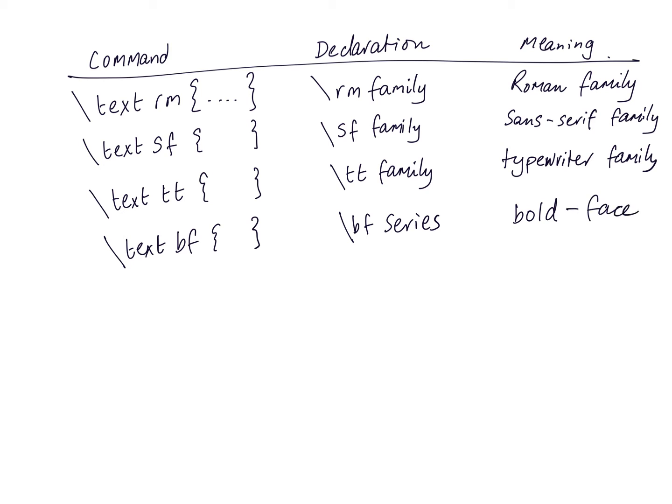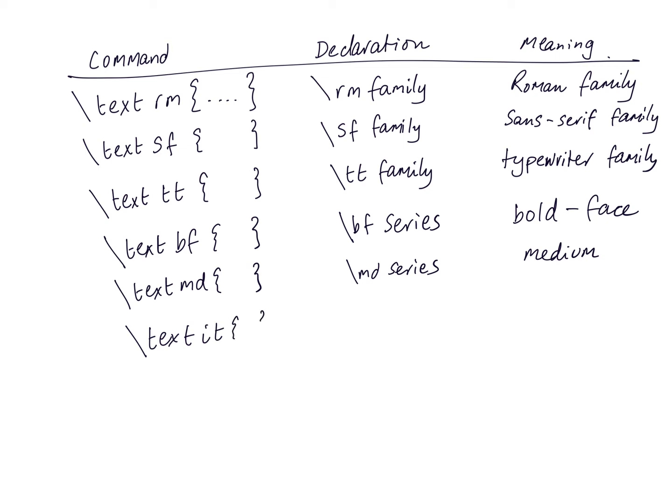And then if I did MD, that would be medium, or the MD series. And then if I did text IT, that would be my italics. IT shape. So it's actually asking for a shape right here. And then if I did SL, that would be my slanted.